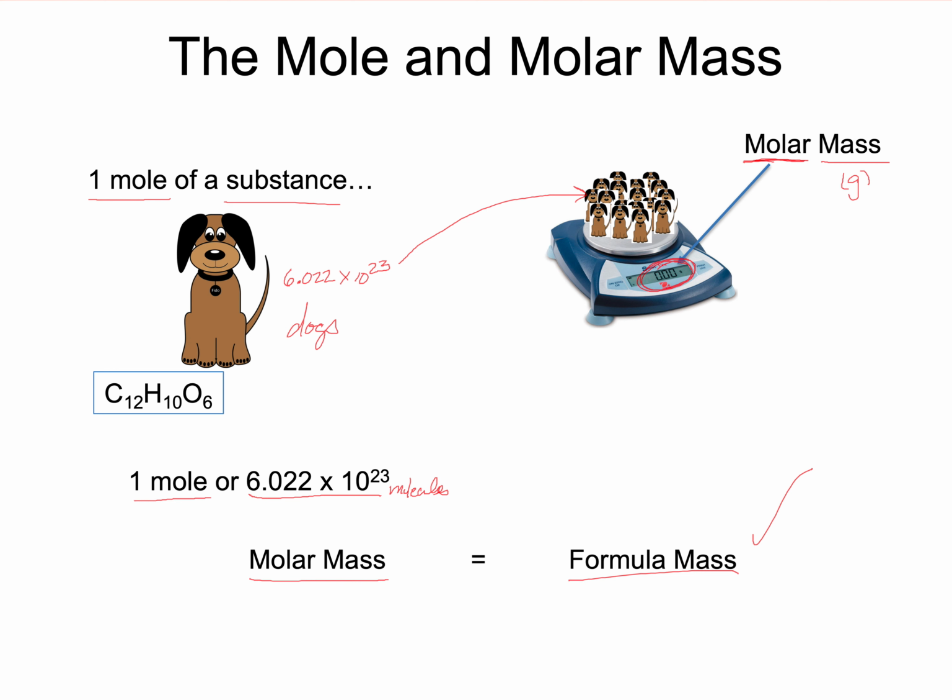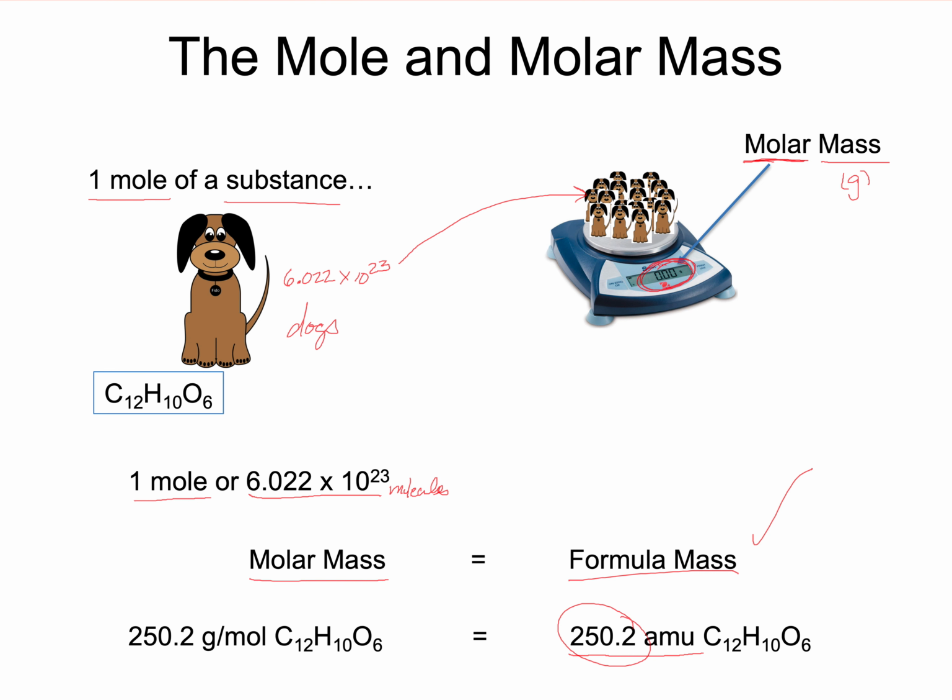So we know that the formula mass for, say, C12H10O6 is 250.2 AMUs, and we calculated that in a previous video. Therefore, if the molar mass and formula mass are equivalent, if you have 1 mole of something, then it's 250.2, and its mass, we'll say it's grams per mole.